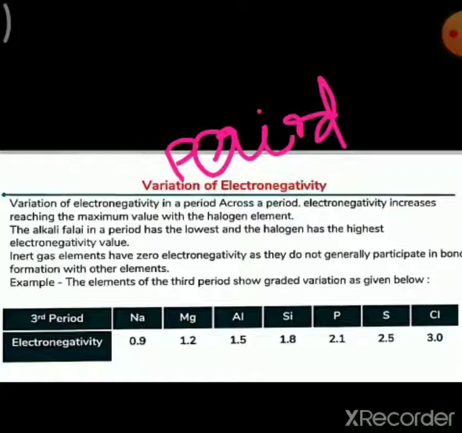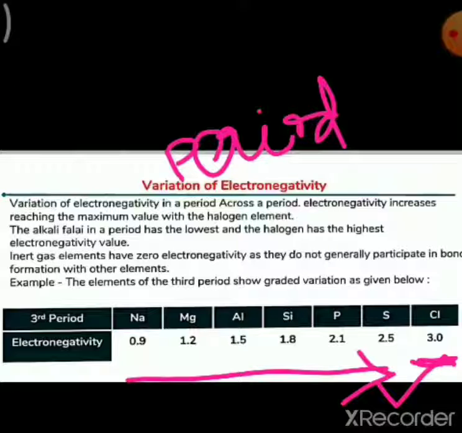Electronegativity increases, reaching the maximum value with the halogen element. Here you can see your chlorine is the halogen element, and here it increases from left to right, that is, across a period from sodium till chlorine, where chlorine has the highest electronegativity value.